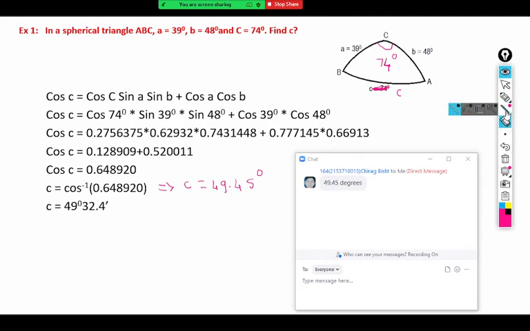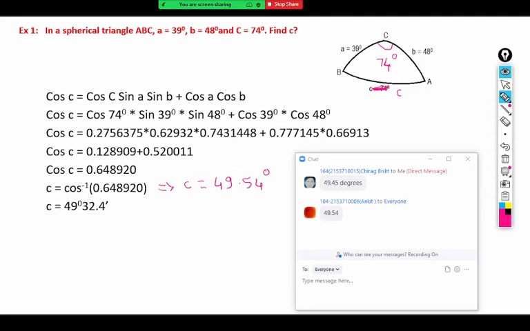I will erase it first. This is the wrong angle given there. So you can write the angle as 49.54, because the next decimal is more than 5, so it is rounded up. So 49.54 degree is the correct answer.